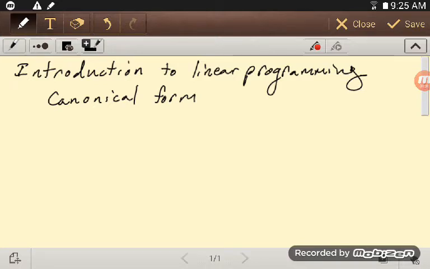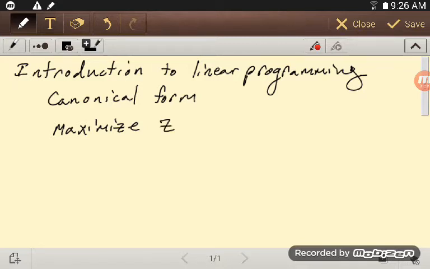And if we can write a problem, and I'll just write some things here, suppose I want to maximize, typically we might use a z or something like that.